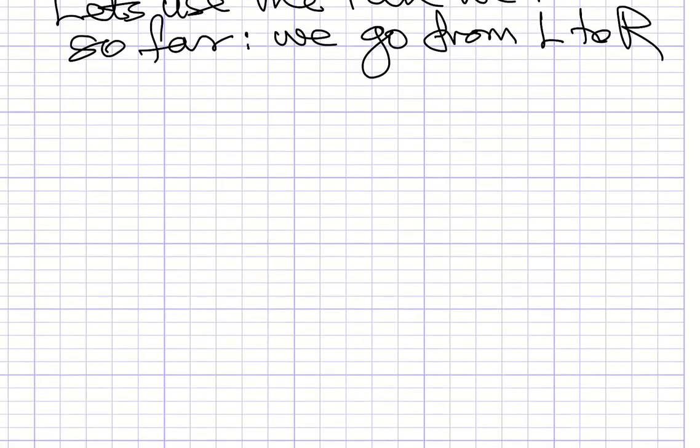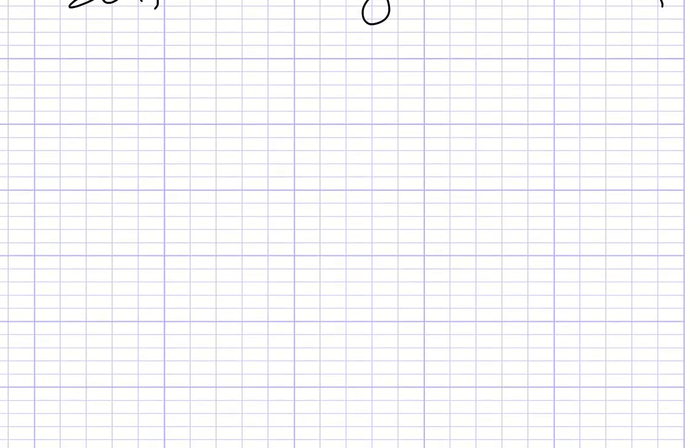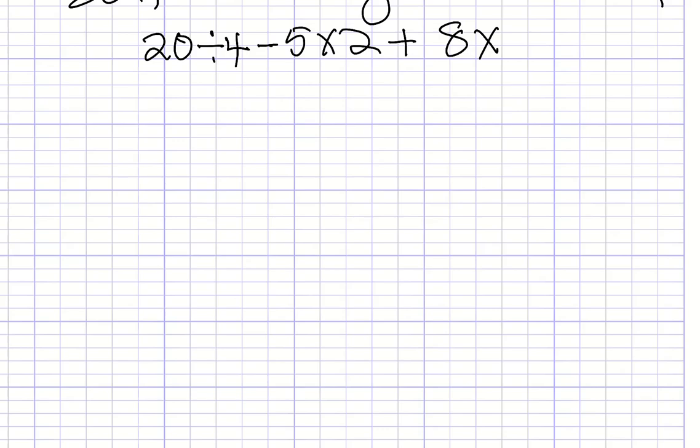Alright, let me rewrite the problem first. 20 divided by 4 minus 5 times 2 plus 8 times 9, right? That's the problem.